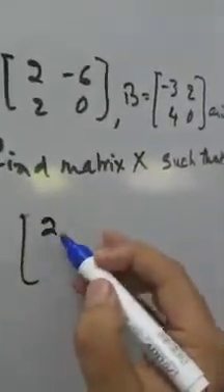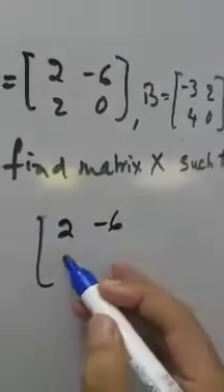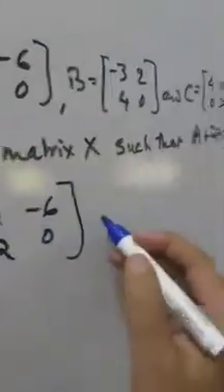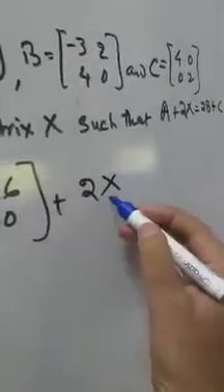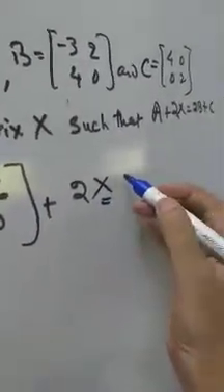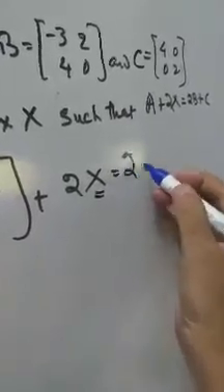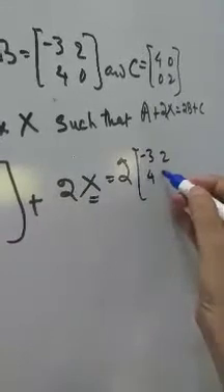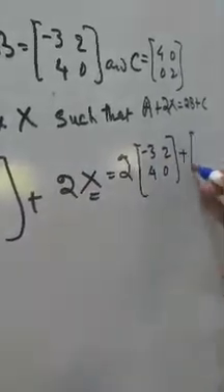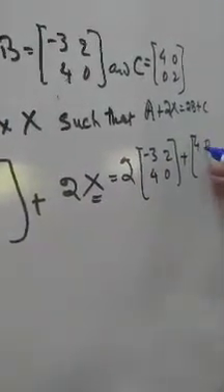So A is, I will write directly, [2, -6; 2, 0] plus 2X. X is the matrix here, is equal to 2B plus C, [-3, 2; 4, 0] plus [4, 0; 0, 2].